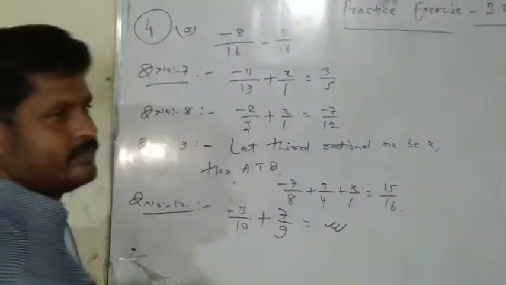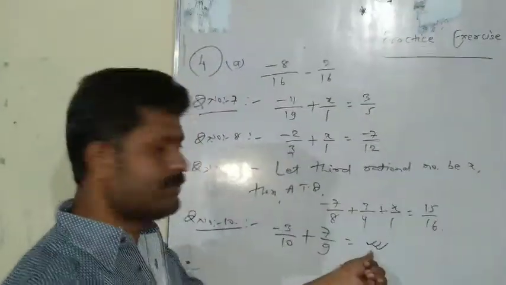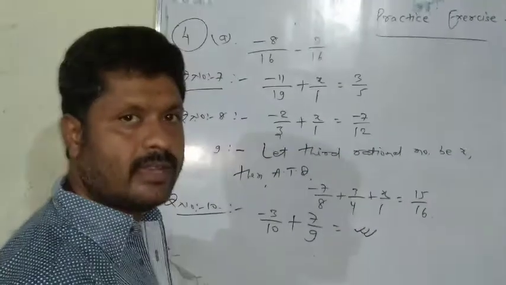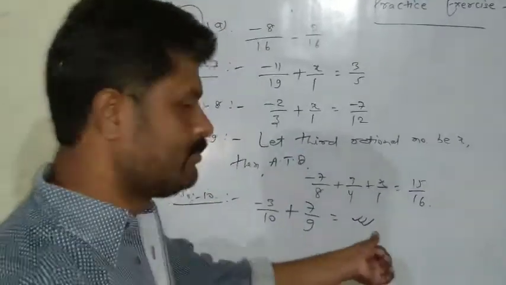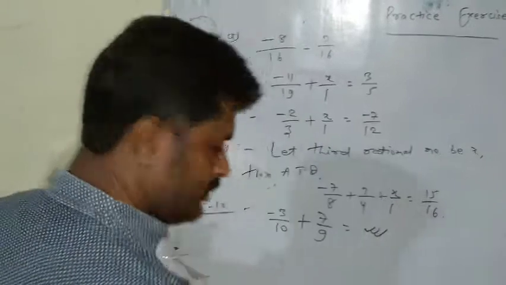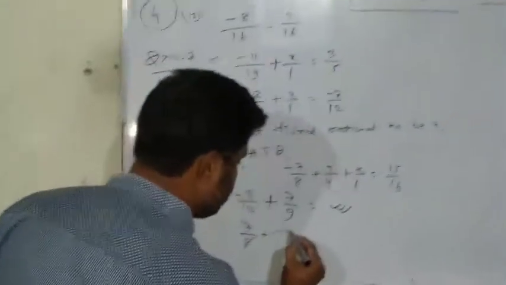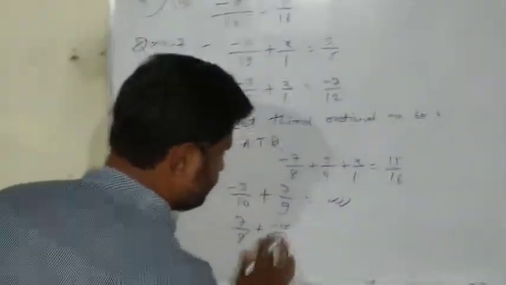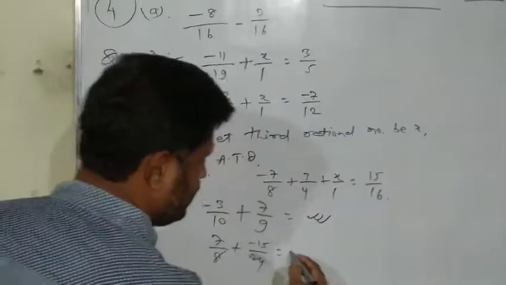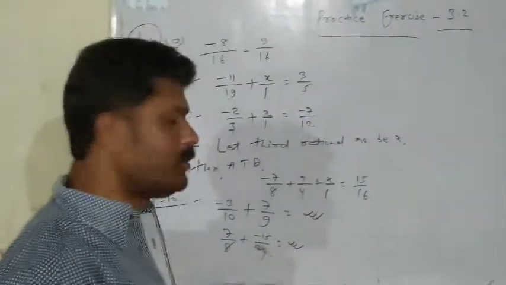Solve this and find the sum. Now 7 by 8 plus minus 15 by 24. And I think you will solve this.